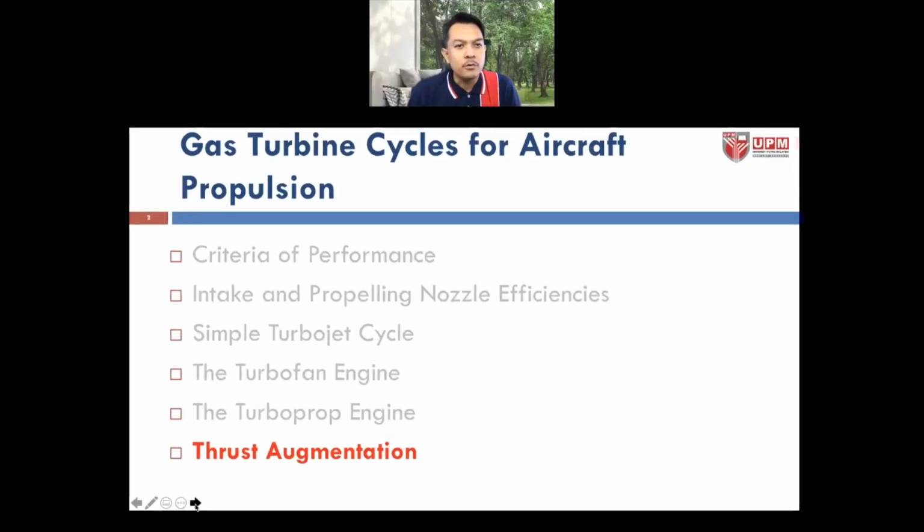As all of you have known, we have already gone through the topic on gas turbine cycles for aircraft propulsion, which include the subtopics of criteria of performance, intake and propelling nozzle efficiencies, simple turbojet cycle, the turbofan engine, the turboprop engine, and the final subtopic for this particular topic is thrust augmentation.